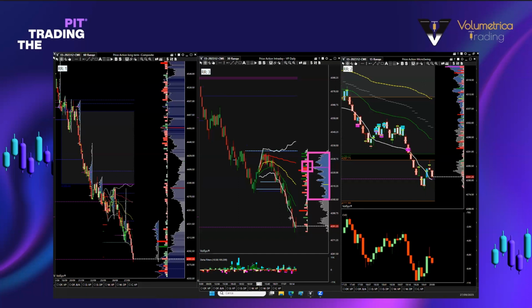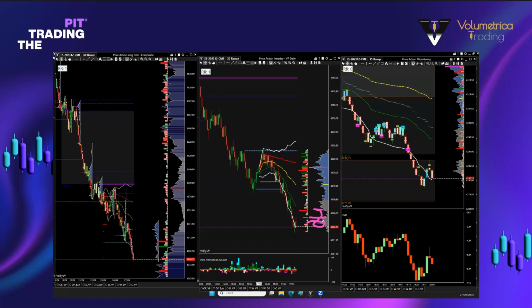Okay, we can see that price also left here, not very far away from where we are actually, going down and building high volume here, it has left some low volume area behind it.